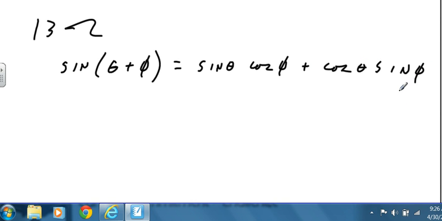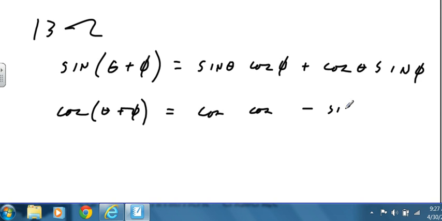All right, and if I have the cosine of theta plus phi, I'm going to have cosine, cosine minus sine, sine. Phi, theta, phi, theta. Right.